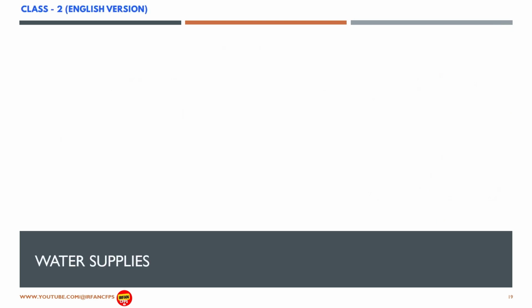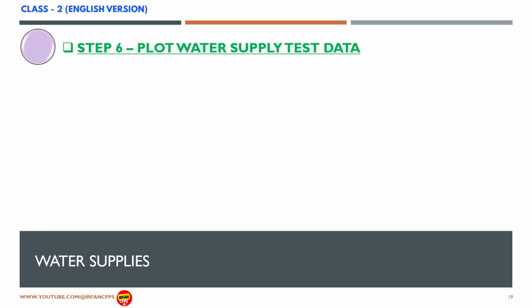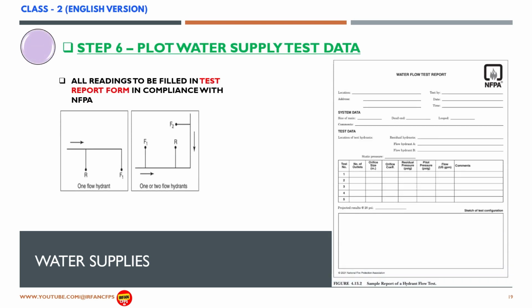Next, whatever data is being recorded during the flow test will be filled on water flow test report. As you can see here, NFPA 291 has given a sample report where we need to fill the complete site information, including the size of the main and also the residual hydrant pressure and the static pressure.